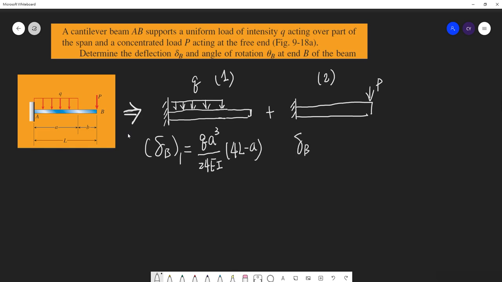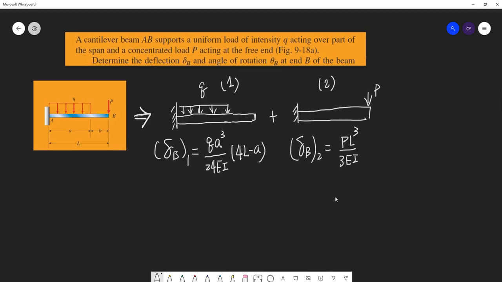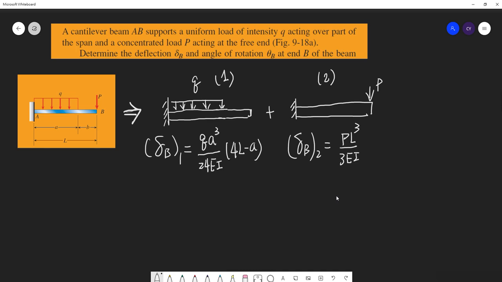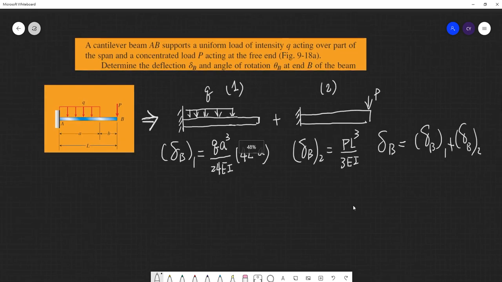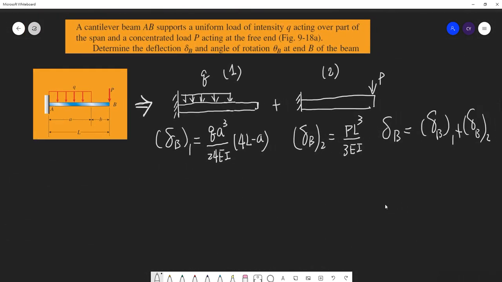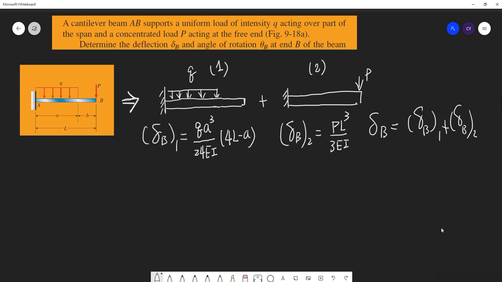And delta B2 is equal to PL^3 over 3EI. And delta B is equal to delta B1 plus delta B2, these two added together.